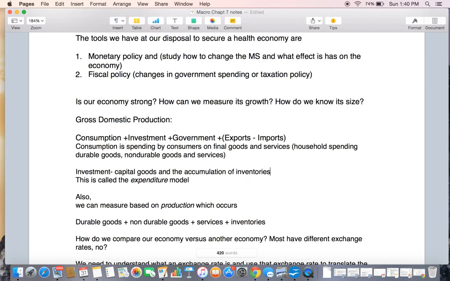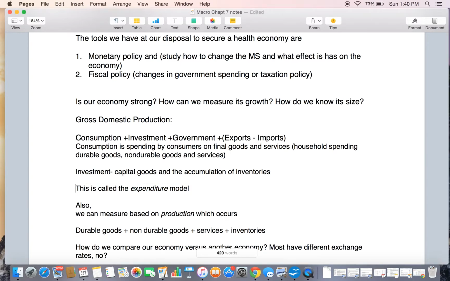Because gross domestic production measures the production of spending, from the expenditure model perspective, which is what we're looking at, it's the spending on final goods and services done by consumers. If businesses are investing in capital goods such as machinery and factories and tools, etc., they also might be accumulating inventories, and those inventories would be produced in the current year, but they would not yet be sold, so we'll want to include them.